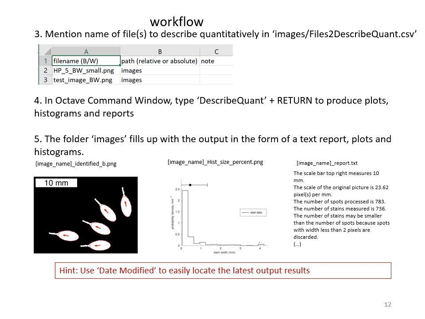Step 4, in the Octave command window, you just type describe quant, which is the name of the script that will produce the plots, the histograms, and also the text reports. And you hit return, and these images will be processed. They will be stored in the folder images in the form of text reports, plots, and histograms, so in the form of images that you can easily recover and download from there.